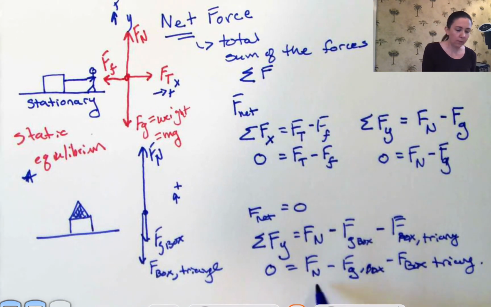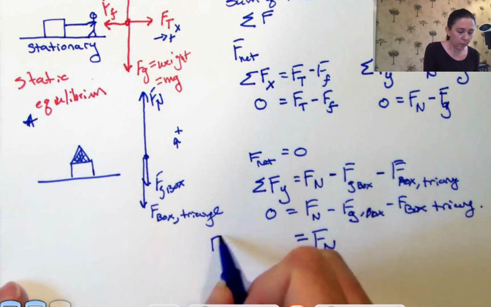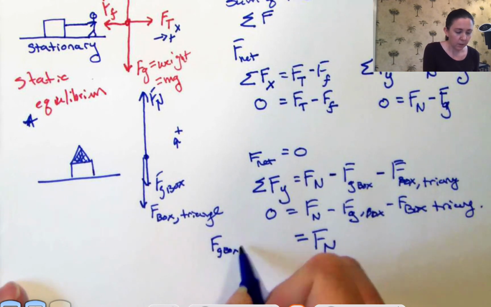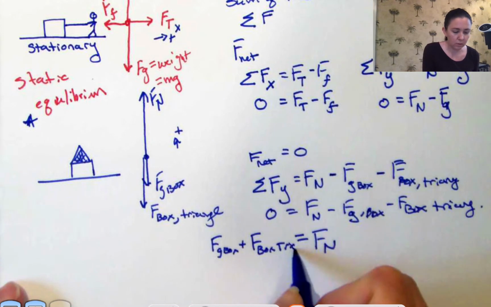What we're left with then is that the normal force is going to be equal to the force of gravity on the box plus the force on the box by the triangle.